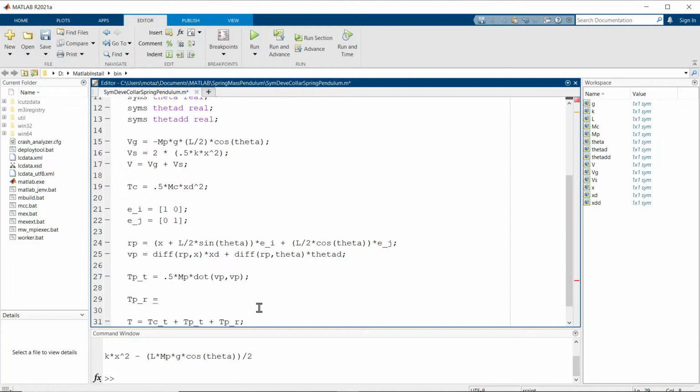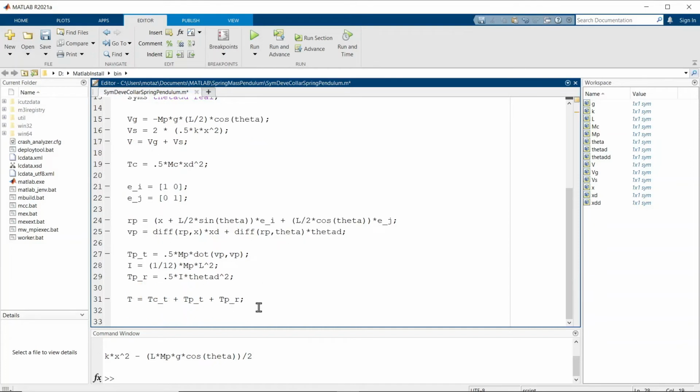It is 0.5 times the moment of inertia times theta dot squared, where the moment of inertia is 1/12 times mass of the pendulum times the length of the pendulum squared.